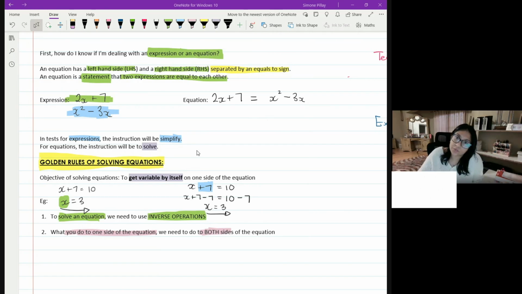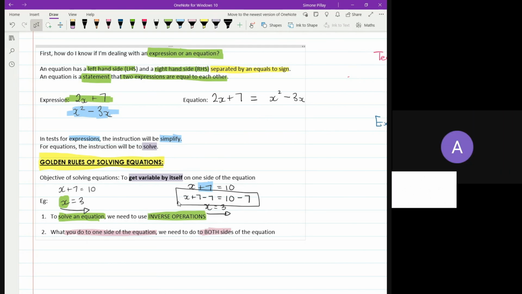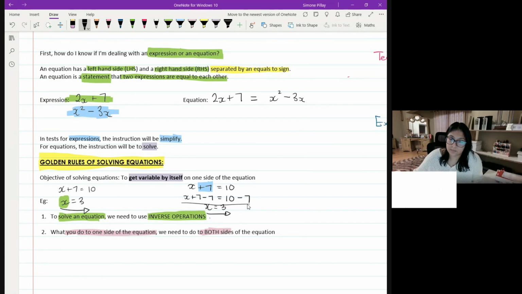If you don't do which first step? The one with the plus 7 and minus 7? Ma'am, if you only say 10 minus 7 and you don't do the x equals 7 minus 7 equals 10 minus 7. So this step here.